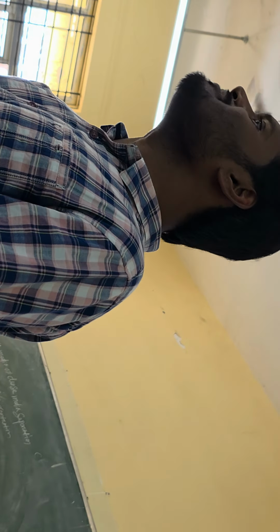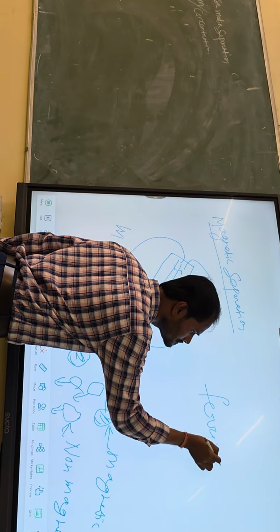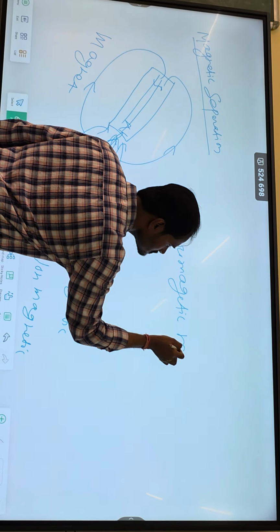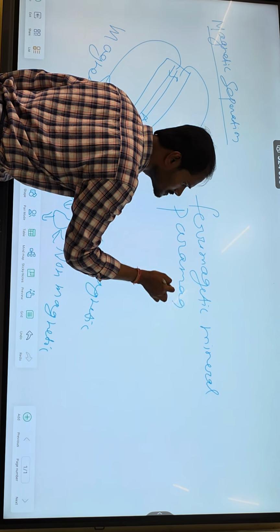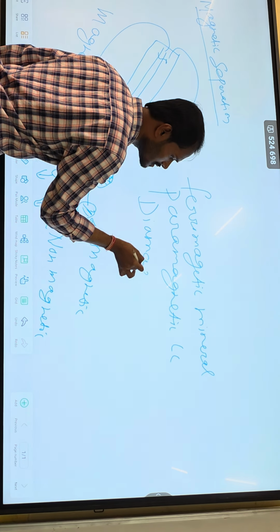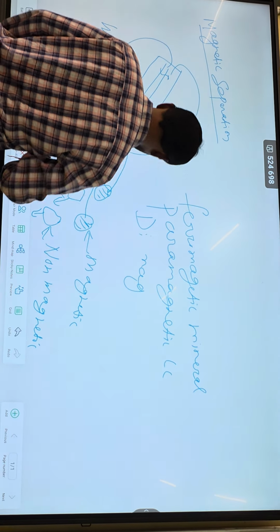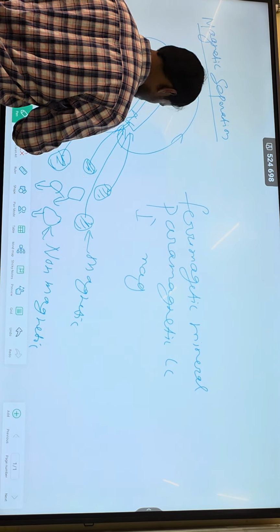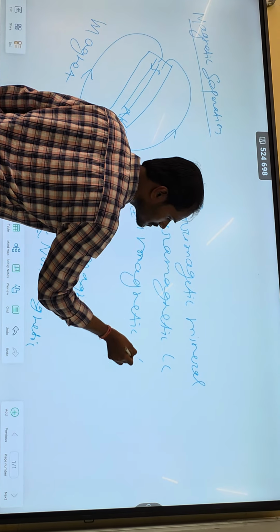Difference in magnetic behavior means some minerals are ferromagnetic, some minerals are paramagnetic, some minerals are diamagnetic. These three things, very good. Ferromagnetic minerals, paramagnetic, and diamagnetic. Diamagnetic, right?